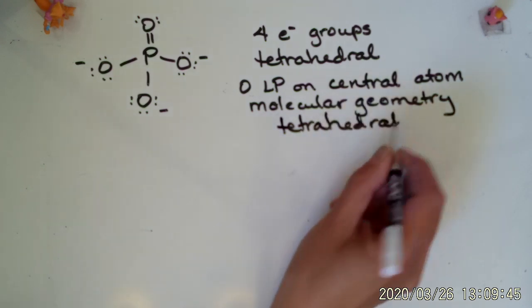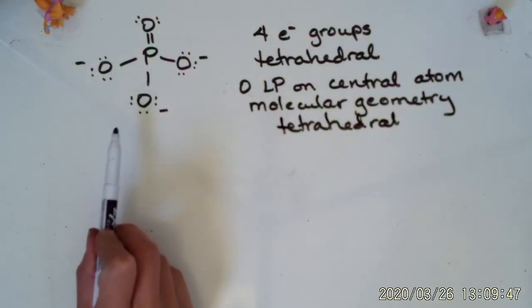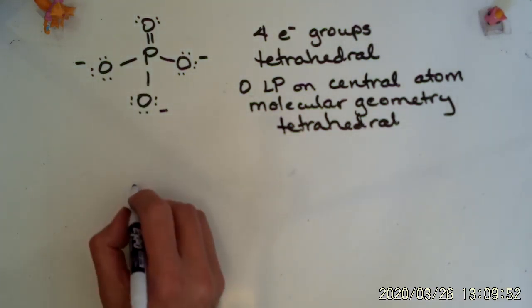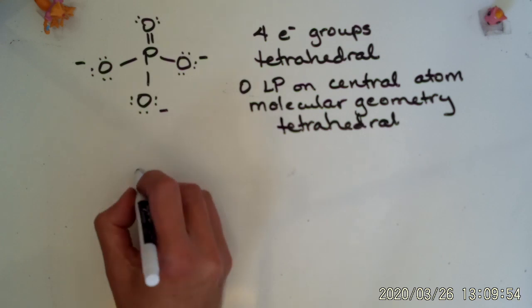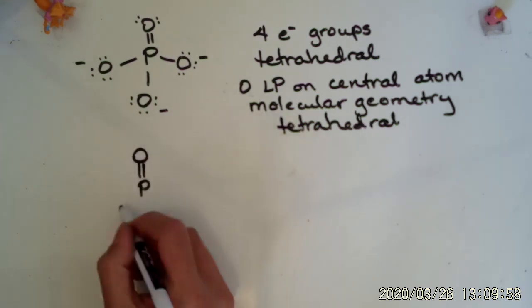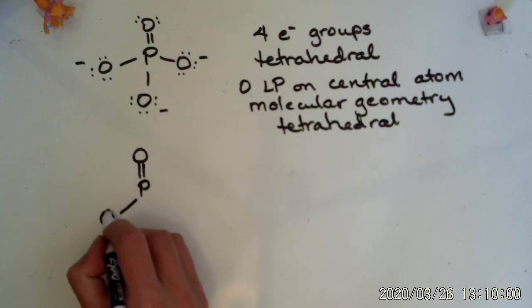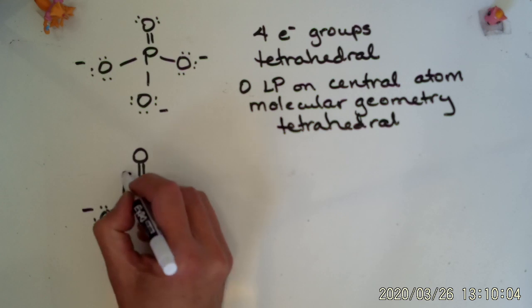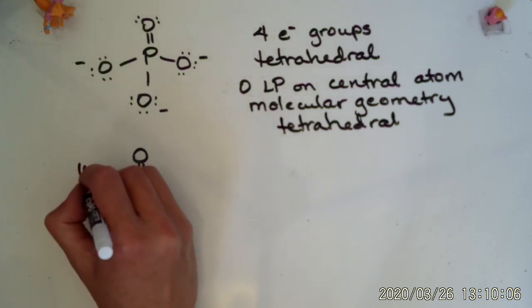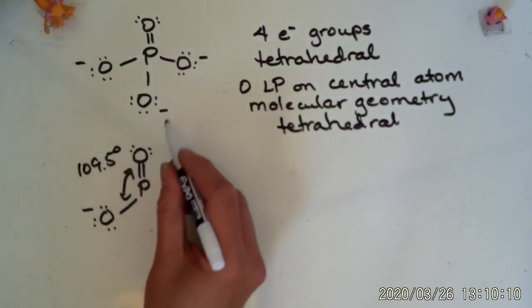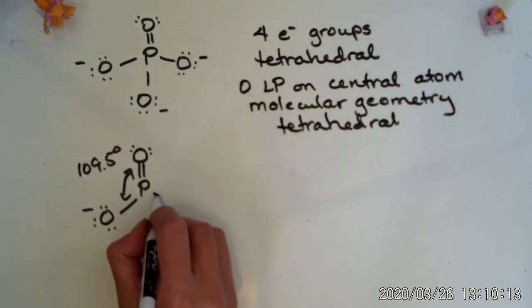Now when you draw this, you have to draw it so it looks tetrahedral. Right now it's all flat on the board. So what we do is we use solid and dashed wedge bonds. When it's tetrahedral, we know that the bond angle must be 109.5 degrees. So how do I show that these are three-dimensional?